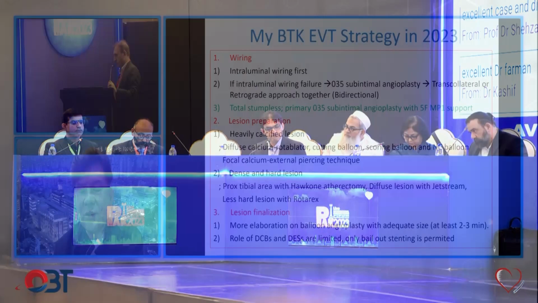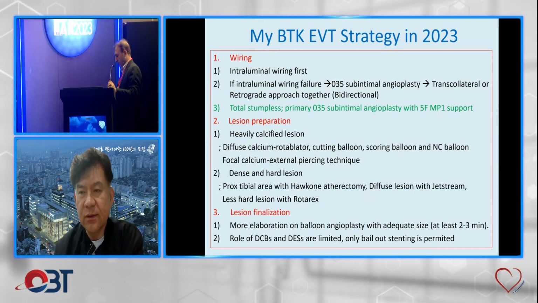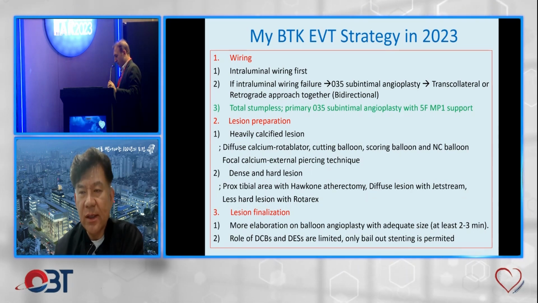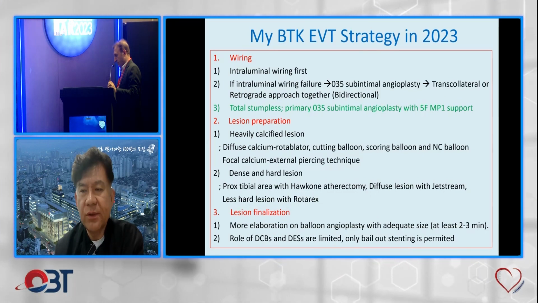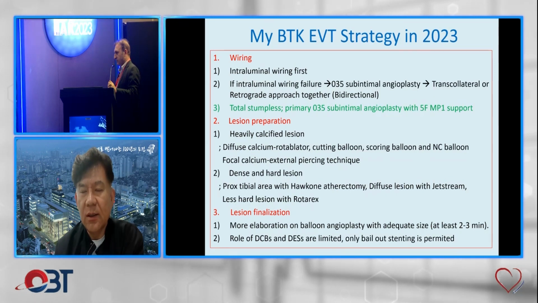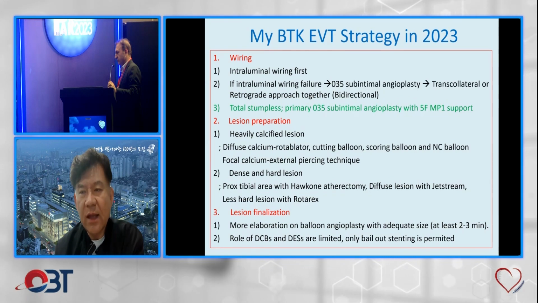Yes, my strong message is we are not doing the endovascular procedure for BTK for cosmetic reduction. We are proposing it for functional recovery and limb salvage. So with this kind of long course reduction of the blood flow, either by intraluminal or subintimal tracking, it doesn't matter.